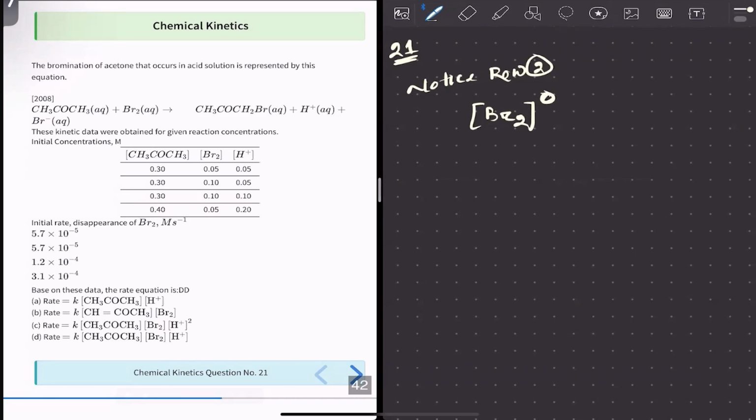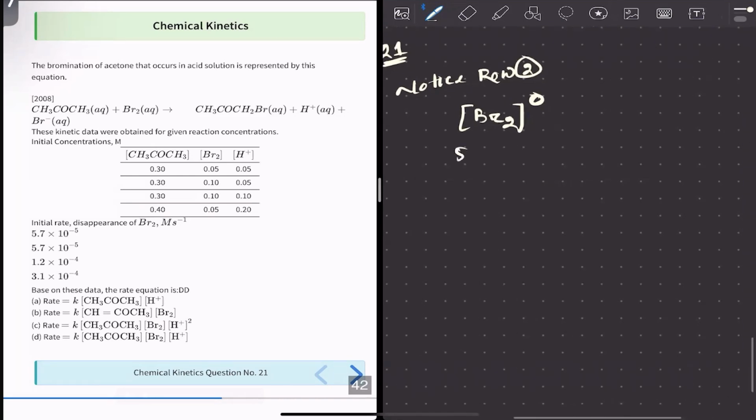So let's see for H plus concentration here. Notice row number 3. Okay, in row number 3, the concentration of H plus is doubled, that is 0.1. Notice the change in the rate of reaction. 5.7 into 10 to the power minus 5 becomes 1.2 into 10 to the power minus 4.